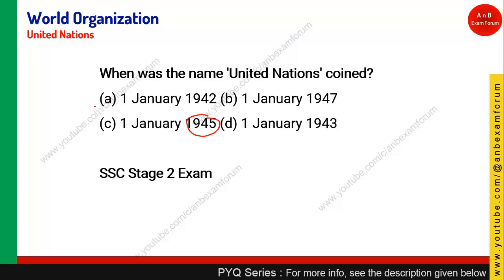As we have seen, it is 1st January 1942, before the formation of the United Nations after the League of Nations. So option A. It is a very tricky question because it is static GK, so you need to relate a few questions like this. The United Nations was coined by Franklin D. Roosevelt on 1st January 1942.